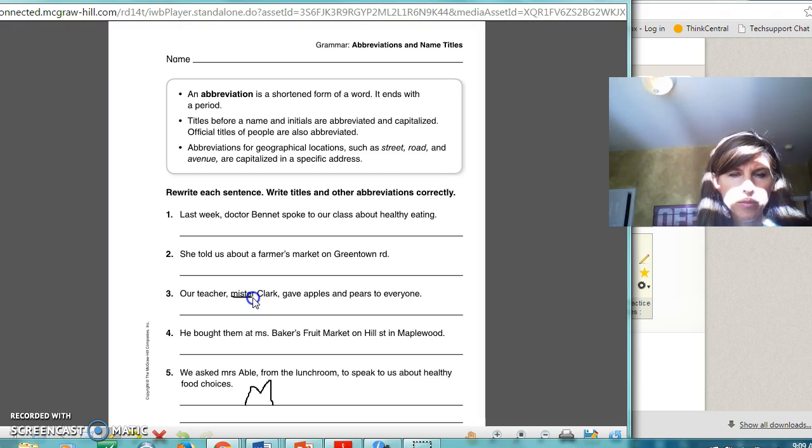Right here, Mr., M-R period is the abbreviation, so it's a lot shorter, and Mrs., capital M-R-S period. Those are important abbreviations you need to know. Remember Dr., capital D-R, and let me think of any other ones that we could, again, street, capital S-T period, road, capital R-D period.